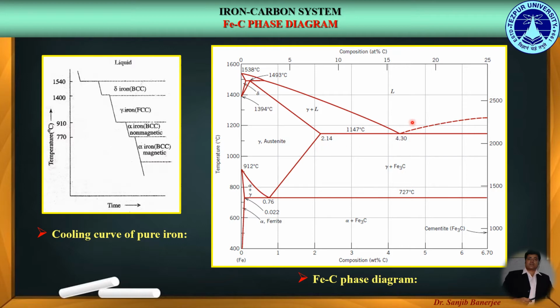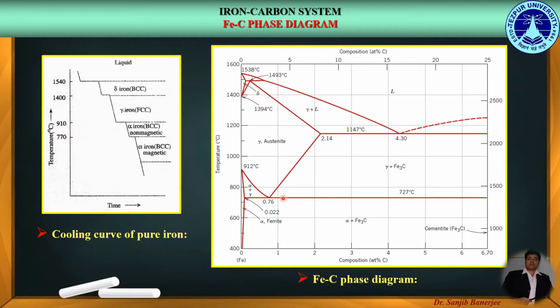Over here we get the eutectic point having the eutectic composition of 4.3 weight percent and eutectic temperature of 1147 degrees centigrade. Over here the liquid phase on cooling gets transformed into two solid phases, austenite plus cementite.